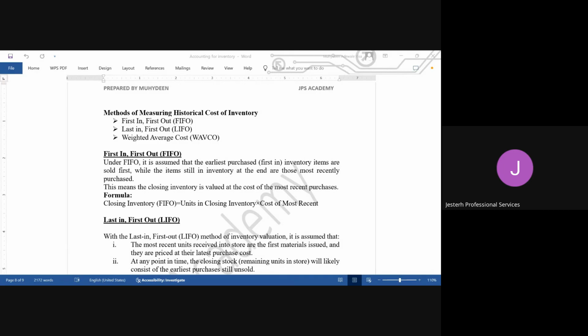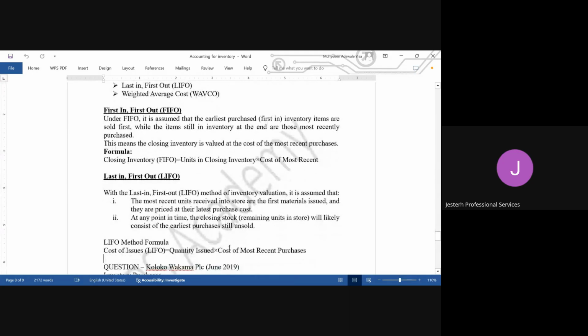And secondly, we have the formula. I will not explain the formula now, I'll explain it when we are doing the calculation.